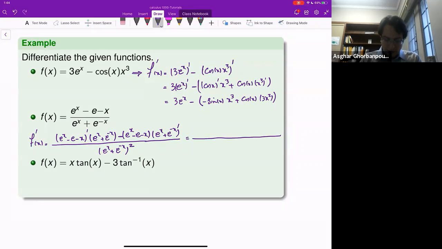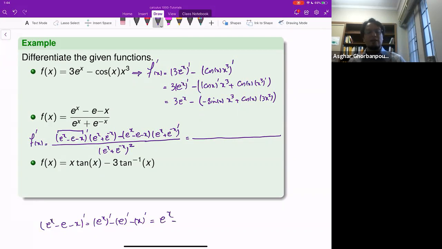So the derivative of e to the power x minus e minus 1. This will be the derivatives of each piece and then subtract them, yes? This will be the derivative of the first one minus the derivative of e minus the derivative of x. And from here, we get e to the power x. What is the derivative of e?